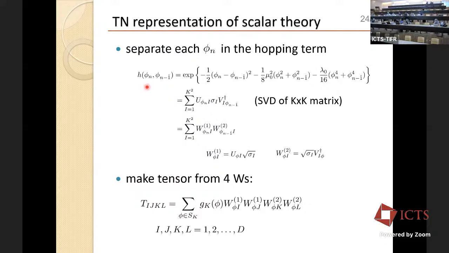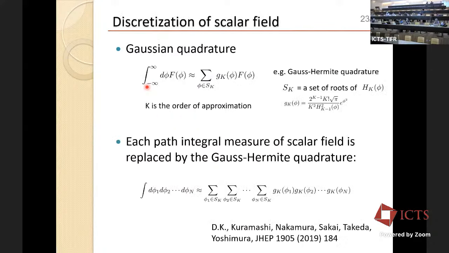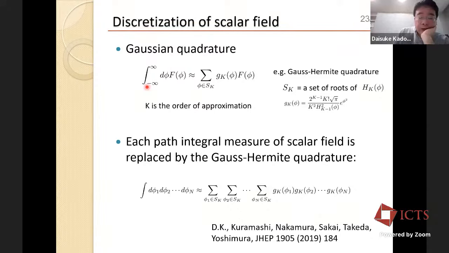Daisuke, one question. Okay. On the previous slide, this Gauss-Hermite quadrature is one of the several formulas available for this, right? Is that correct? Gauss-Hermite quadrature works if the function has an exponentially damping factor.